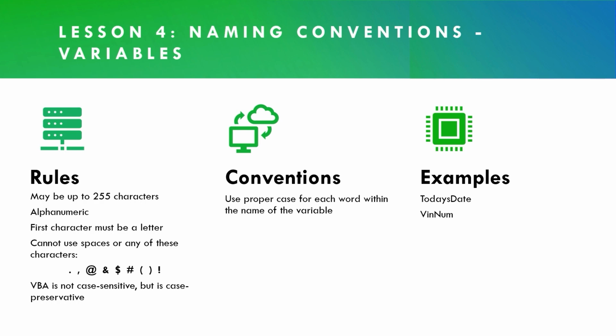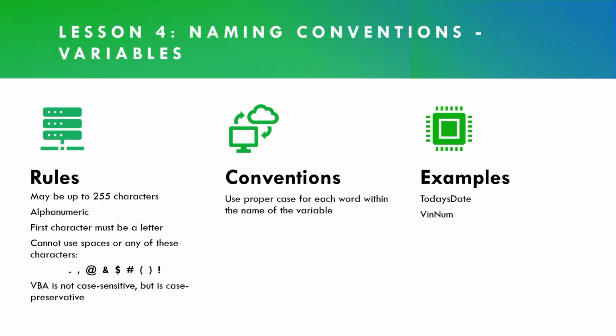VBA is not case sensitive when it comes to variable names, but it is case preservative. So when you declare a variable, and you'll learn how that works shortly, and you name it, if you type its name, say in all lowercase, but then later on when you go to reference it, you type it in proper case or uppercase, it will automatically convert it to lowercase, the way it was when you declared it.